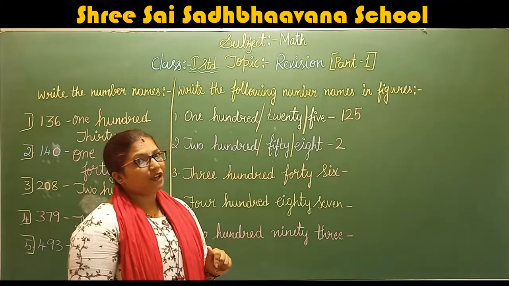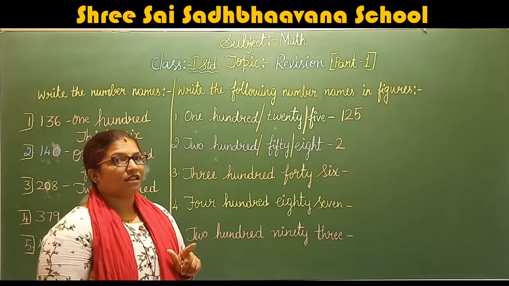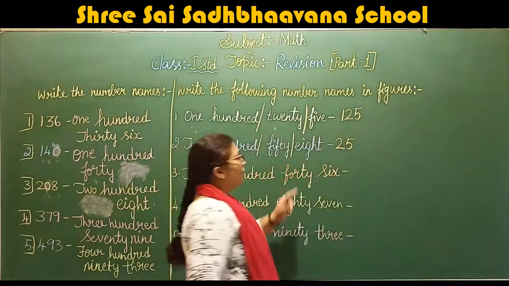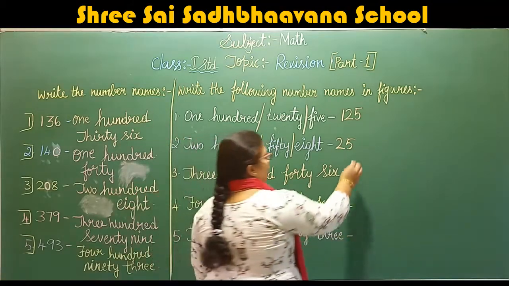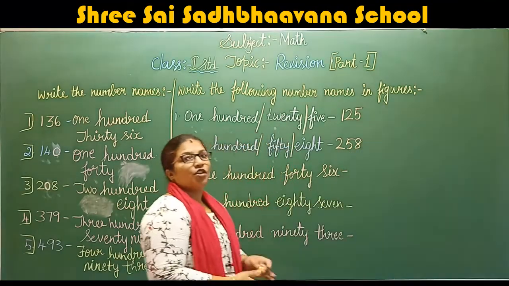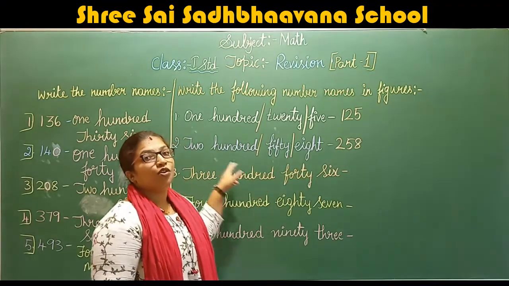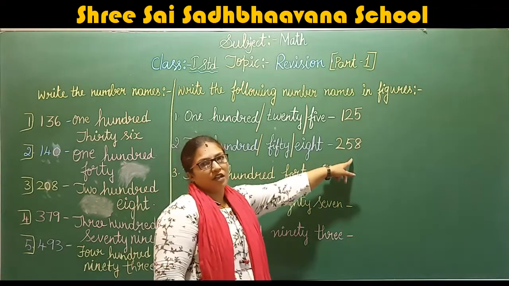How many tens are there in 50? 5 tens, right? So we should write 5. What is in the ones place? 8. So the answer is 258. Got the answer?